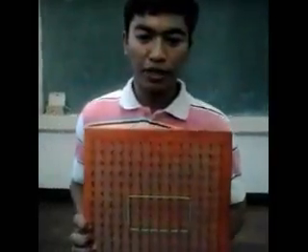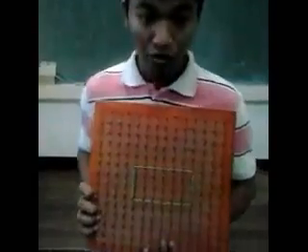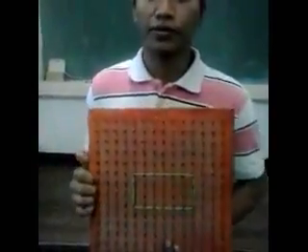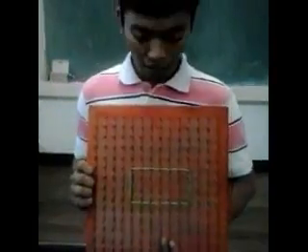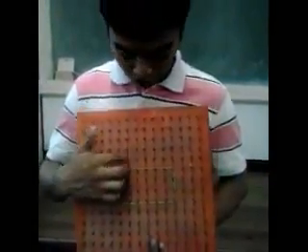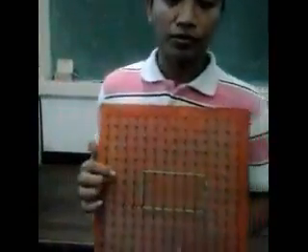Another is finding the perimeter of a rectangle. As you can see on this square geoboard, there is a rectangle surrounded by a green rubber band. To find the perimeter of this rectangle, as you can see, the width of this rectangle is 3 units and the length is 6 units.